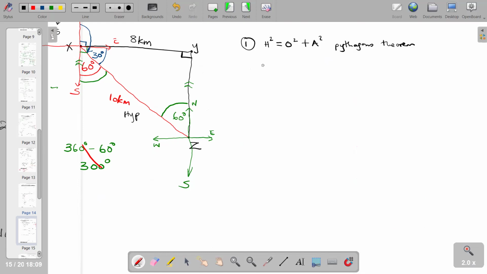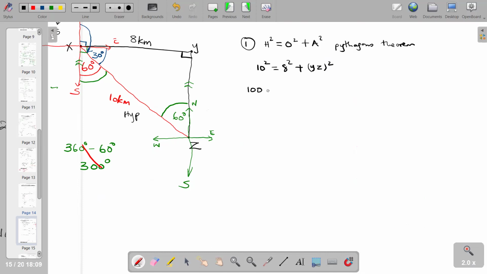So applying Pythagoras theorem, it will mean that 10 squared will be equal to 8 squared plus YZ squared. To make YZ squared the subject of the formula, we're going to simplify.